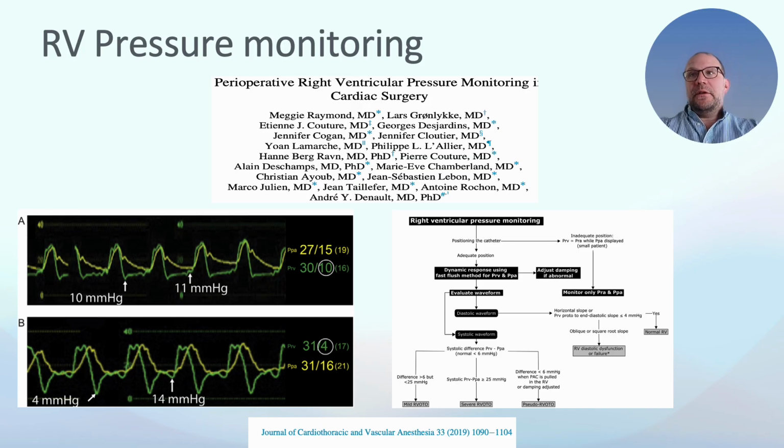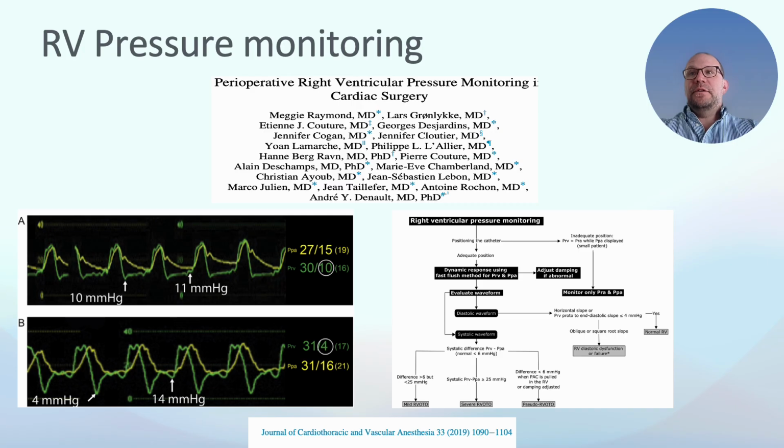And he has a nice little algorithm that you can think about in looking at your RV pressure waveform to help you. And I have 2 different waveforms here in A and B. I'm going to go through that algorithm with you, right? And we're going to assume a couple things: that the patient is the right size, and that the catheter is in the appropriate position.